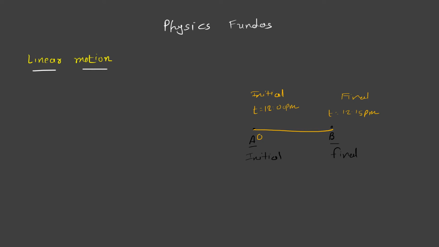Maybe it is not, but we assume that the initial point will be zero so we can easily justify our further calculations, for the sake of simplicity only. If you find that it is not zero, you can also consider the initial position as x1 and the final position as x2, which is also fine. Very good. So these are a few concepts that you need to know before defining the motion.